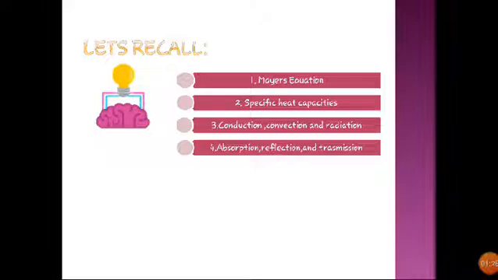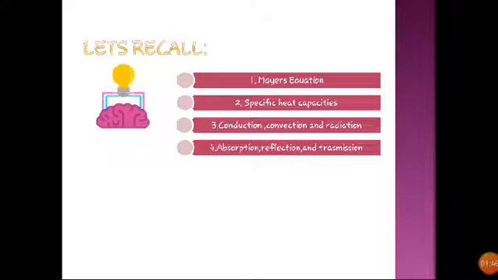What is absorption? When any body is incident by a heat radiation, suppose the amount of its energy is Q, then some amount of it will get absorbed by that body, some amount will get reflected and some amount will get transmitted.